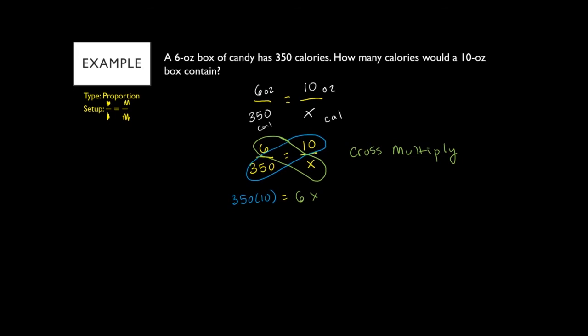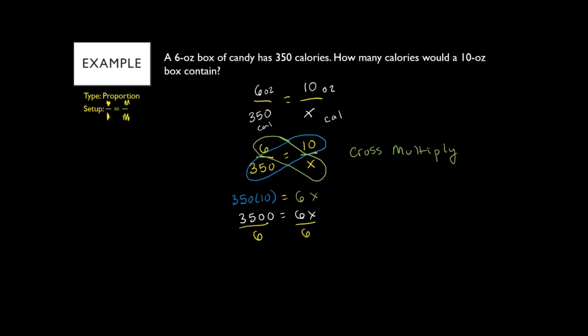So 350 times 10 is 3,500, and that equals 6X. To solve for X, we're going to divide both sides by 6. I'm going to grab my calculator here. This gave me a decimal value.